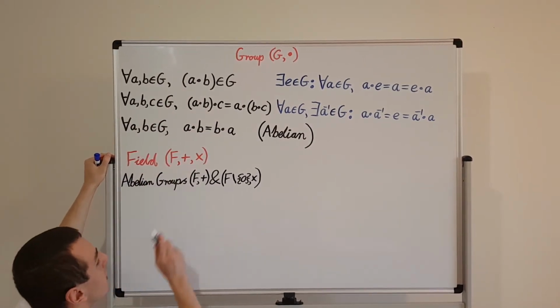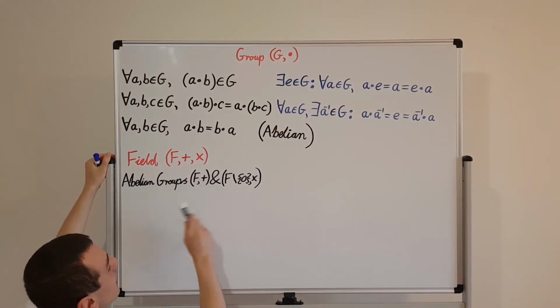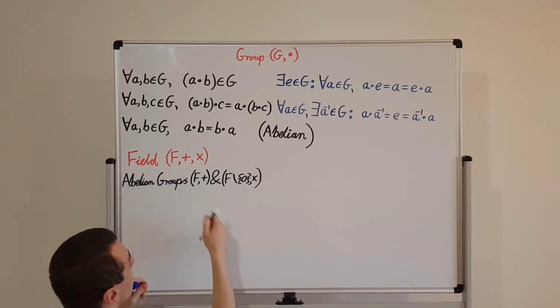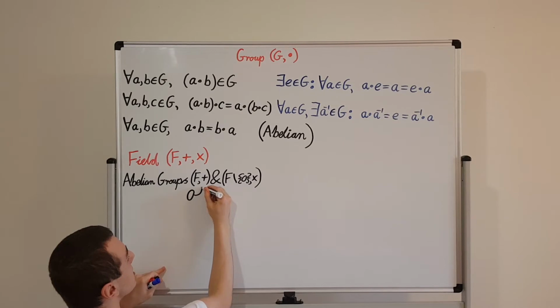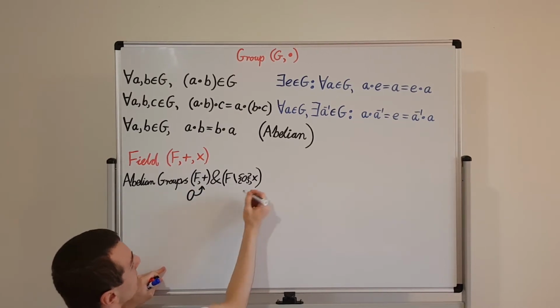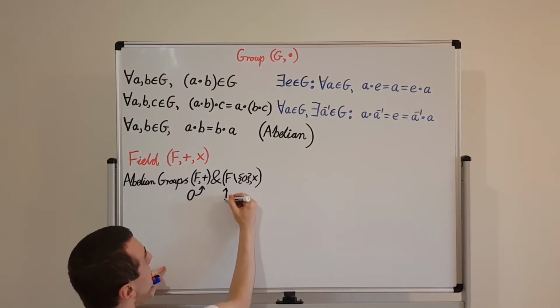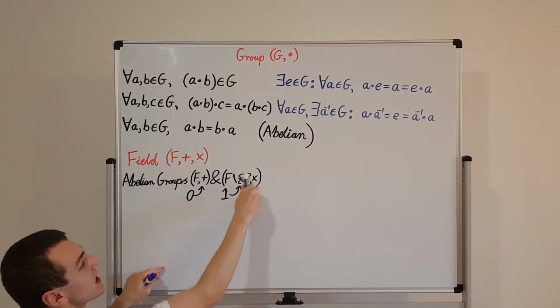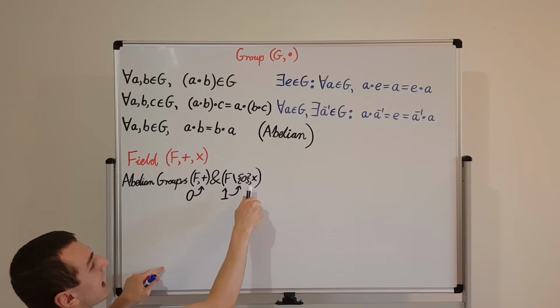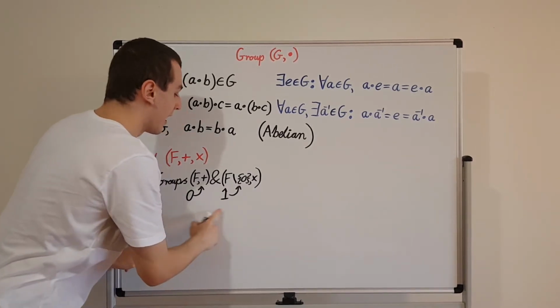And what I want to also stress upon is that the identity element is not the same for these two groups. For this group over here, the identity element is 0, because this is an additive group. For this group, the identity element is 1. So 1 is the identity element here. This is a multiplicative group. The operation is multiplication. So this is 0 and this is 1.